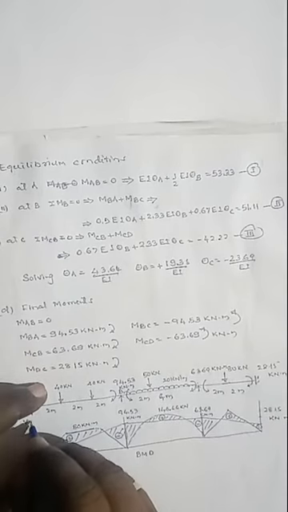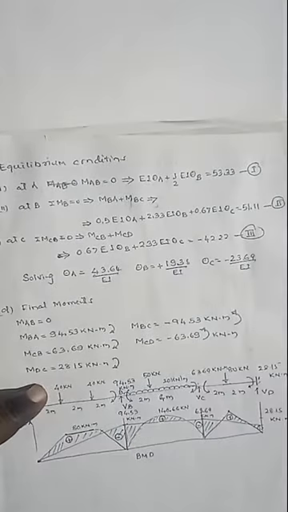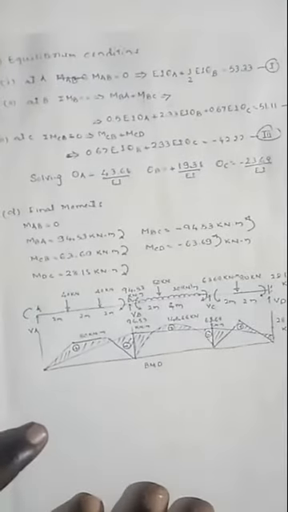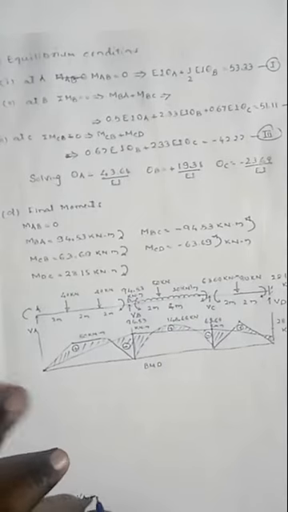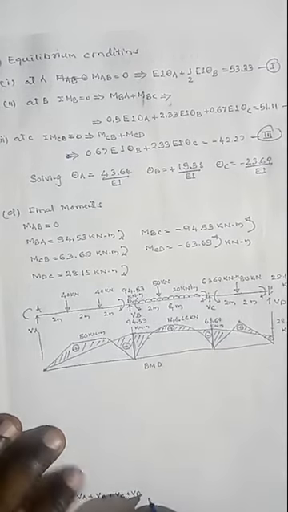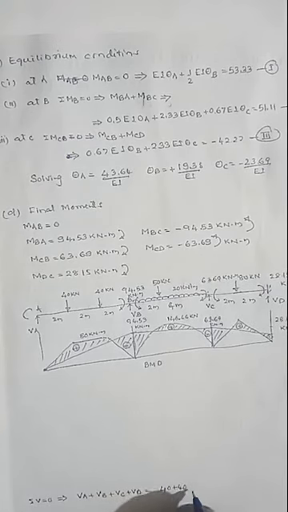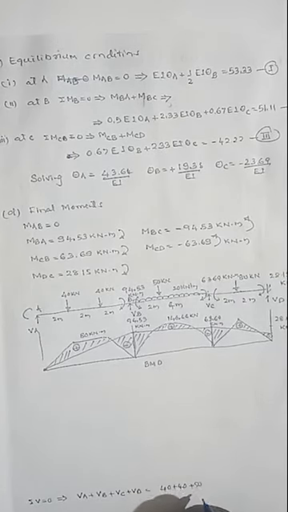Here this one is VA, this one is VB, this one is VC, this one is VD. Here by applying the equilibrium equation, summation of V equals 0, we will get VA plus VB plus VC plus VD equals, by applying the equilibrium equations one by one, 40 plus 40 plus, here the 2 point loads downward, both acting in downward direction, plus 50 the point load in the second span.